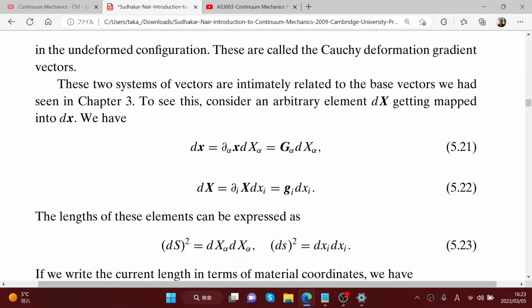To see this, consider an arbitrary element dX getting mapped into dx.